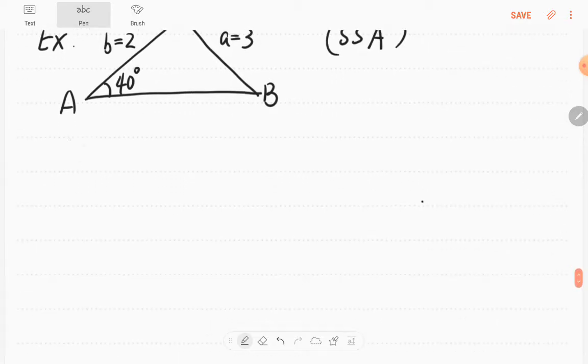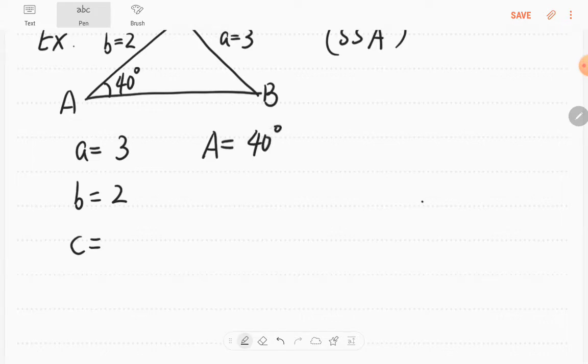So we still need to draw a little chart: B equals 2, A equals 3, angle A equal to 40 degrees, angle B we don't know, and angle C is the thing we are looking for.